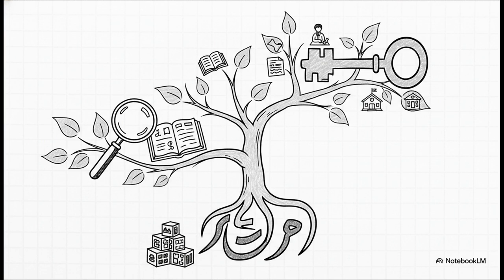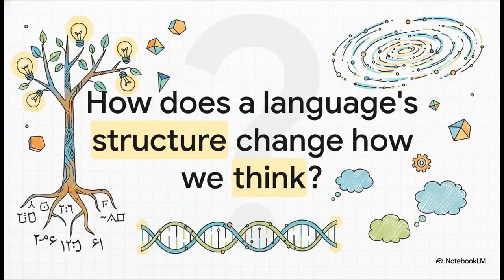That is the real secret to building a massive vocabulary efficiently. And this whole thing really illustrates a much bigger idea. Learning a language with a structure so different from your own doesn't just teach you new words, it teaches you a totally new way to organize ideas. It really makes you wonder, doesn't it? How does the very structure of a language, its DNA, change the way we see and connect concepts in the world all around us?